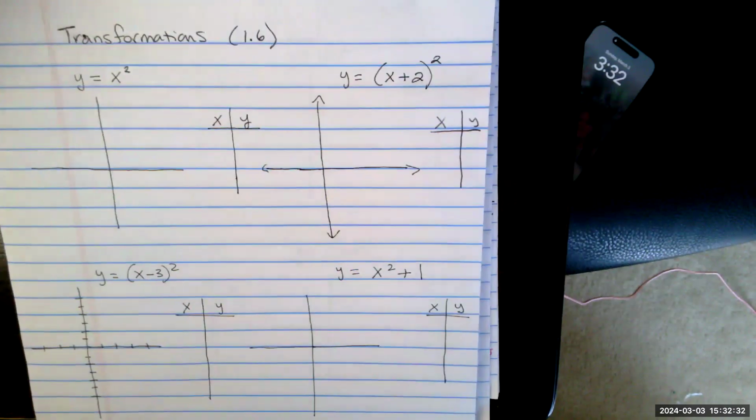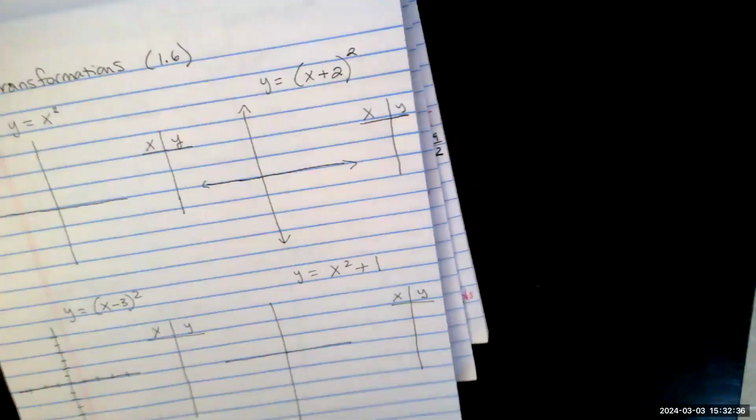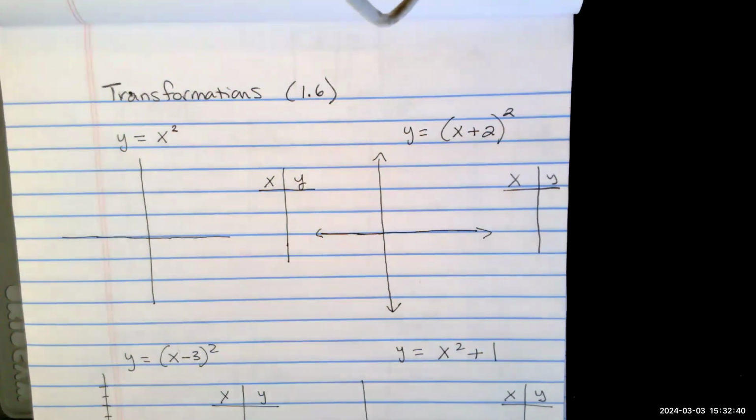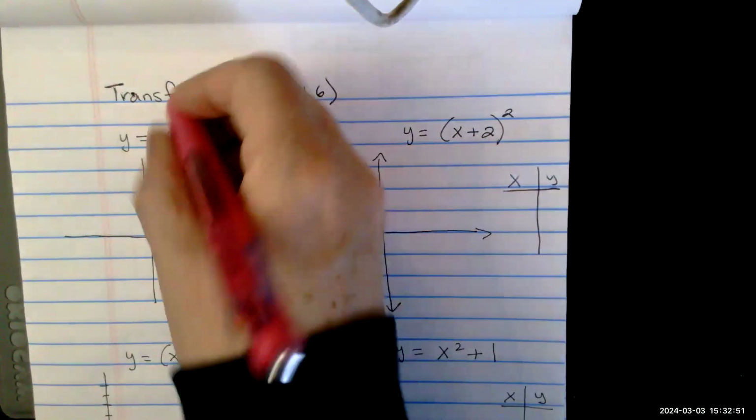Okay, so transformations with graphs isn't so bad as long as you learn the rules, like most of the stuff that we've been doing. And if you make sure you understand what the graphs look like to begin with. So what do I mean by that? One type of graph we're going to be looking at is an x squared graph or a quadratic.